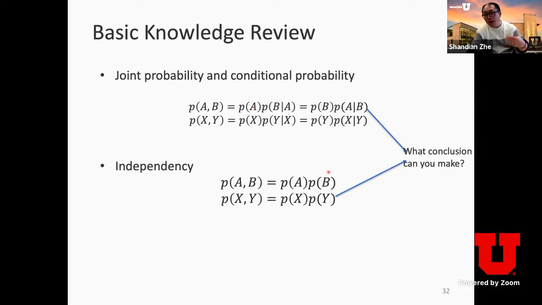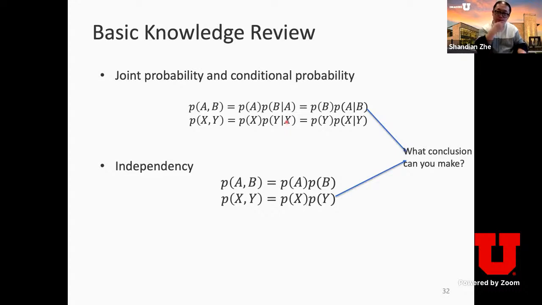Whether B happens or not has nothing to do with whether A happens or not, meaning that the marginal probability of B is the same as the probability of B given A.